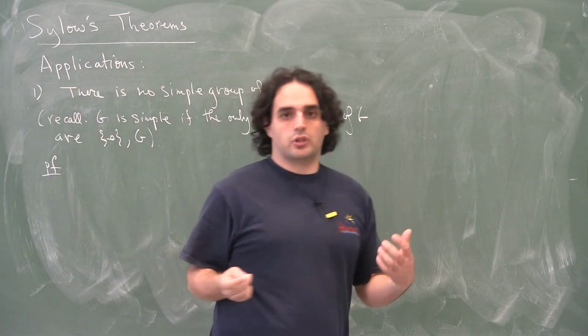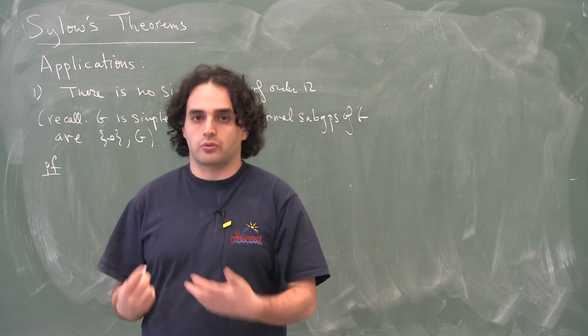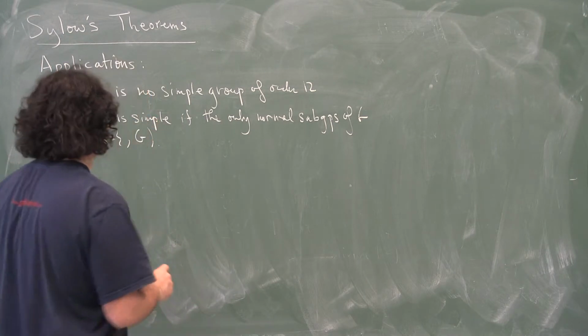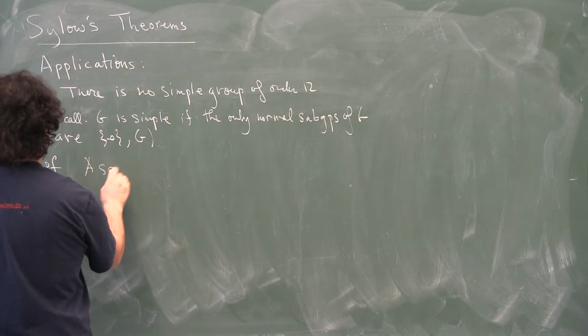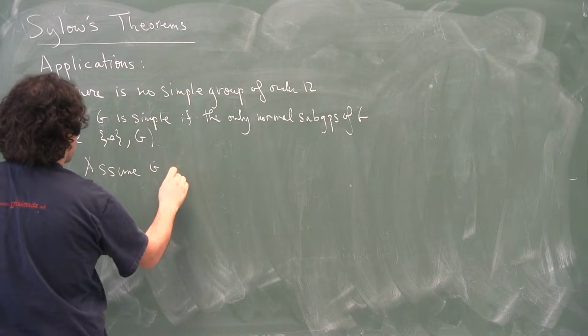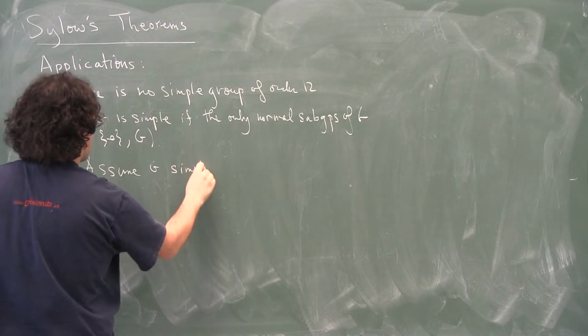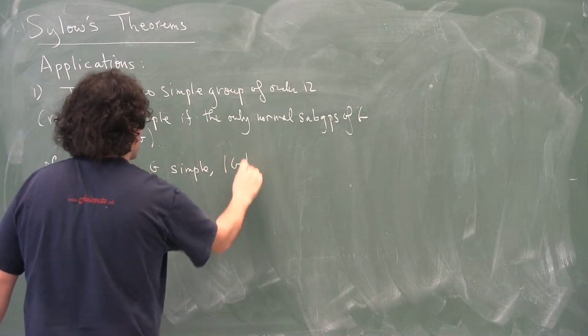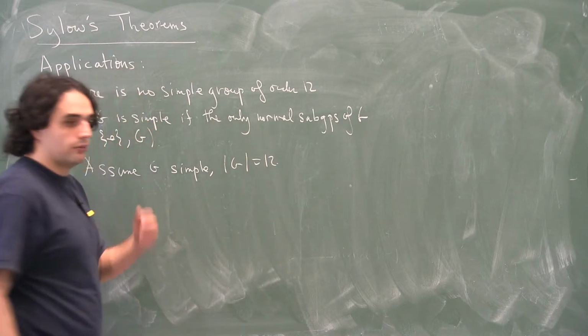These arguments usually go by assuming that there is such a group and deriving a contradiction. So assume G is simple, and the order of G equals 12.